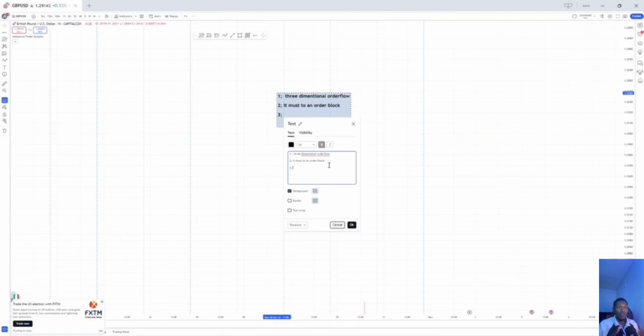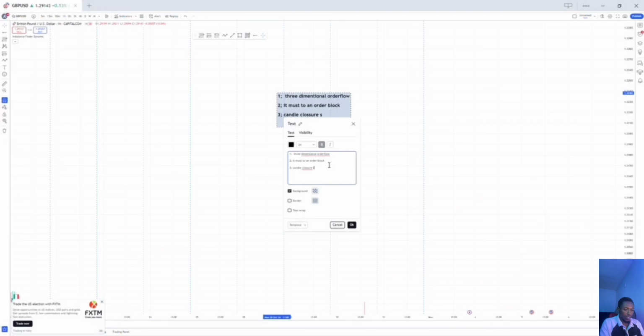This has to do with when you are going to enter the trade. You have to watch out for the candle closure, that is the candle that is going to fill that fair value gap.